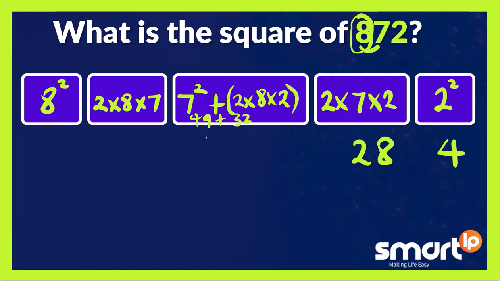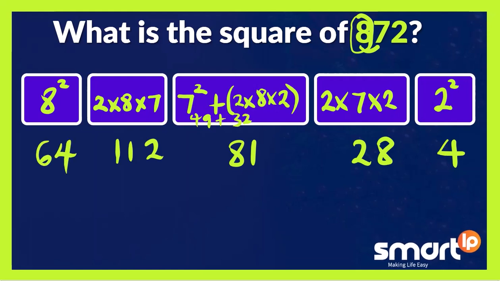So if we add 49 and 32 together, that's going to give us 81. So we have 81 there. Then next, we have 2 times 8, which is 16. 16 times 7, that is 112. And then 8 square, that is 64. So 8 times 8. Okay, great.